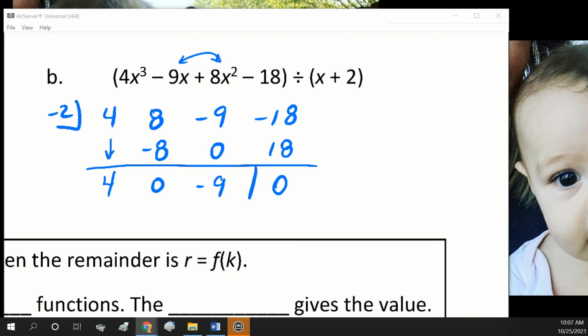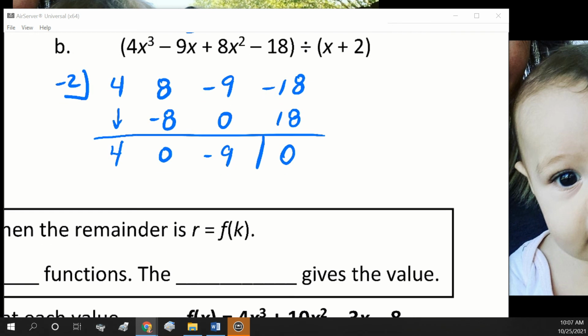Okay. So these are our coefficients and our constant and our remainder. So what is the first term going to be? 4x squared. And then we're not going to have an x term. It's just going to be missing. And then we have -9. And then we're also not going to have a remainder. So that's it.